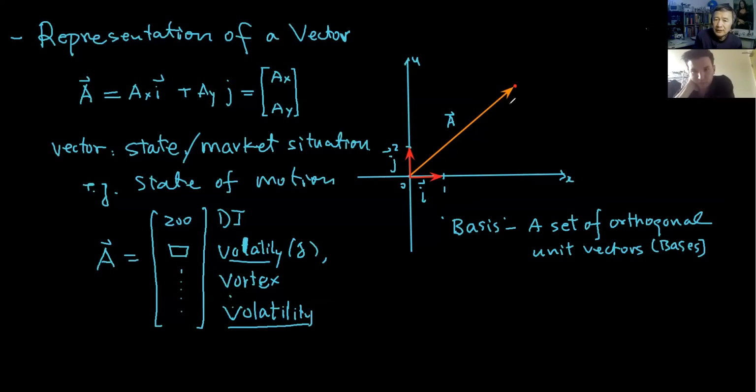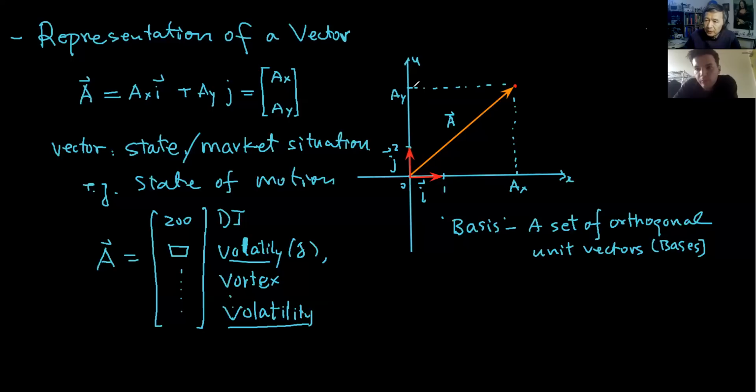So in this case, we can use the projection to represent these particular vectors. So this is ax and this is ay. But the representation is not unique. In general, the choice is arbitrary.